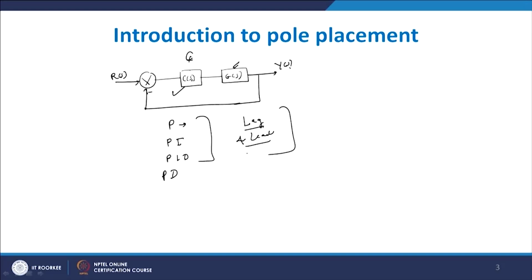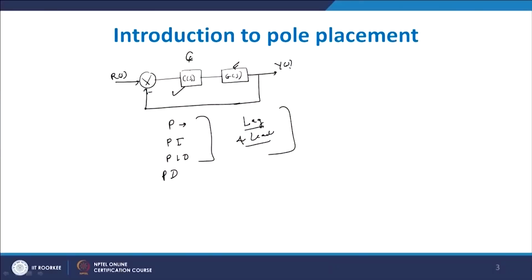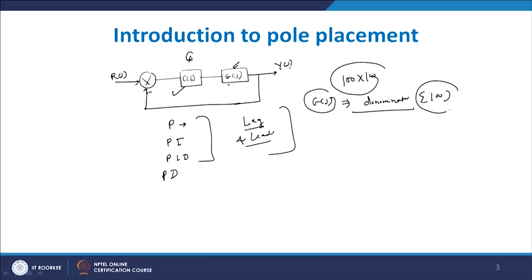So the problem with this controller is that our purpose is to get a desired response, whatever our objectives are that need to be achieved. We will find that if this G(S), or the plant, is of very high order, let us say a 100th order plant, where the denominator order is say 100, and you design a PID controller, can we get satisfactory results?